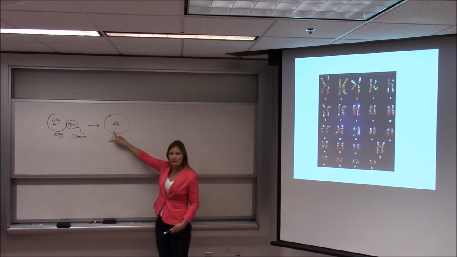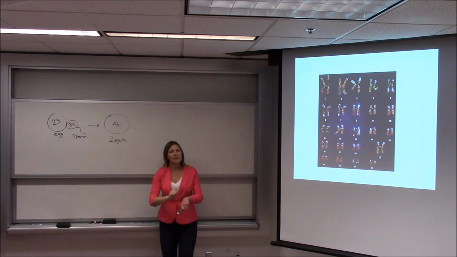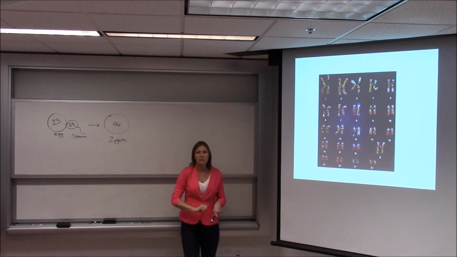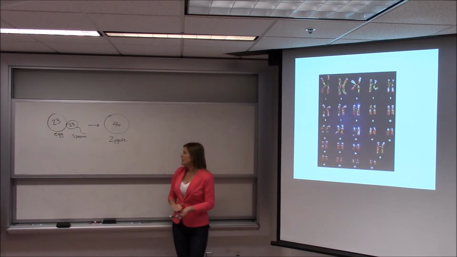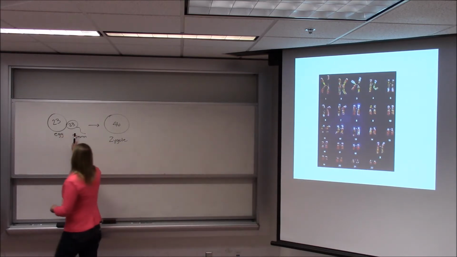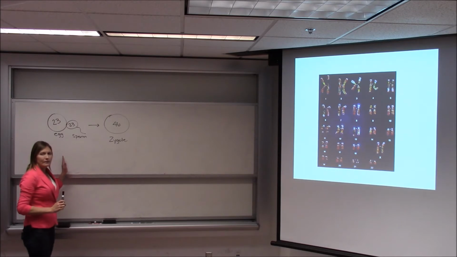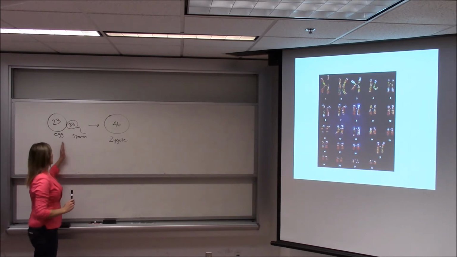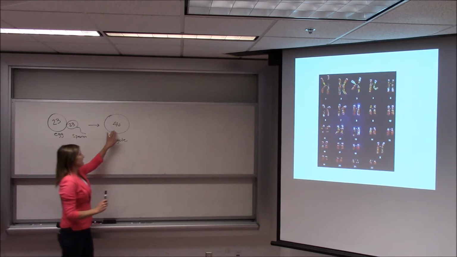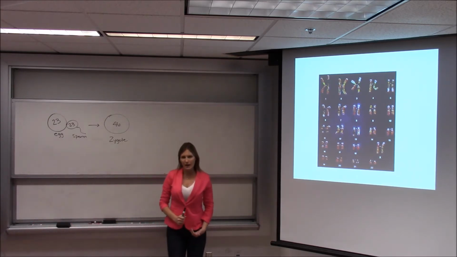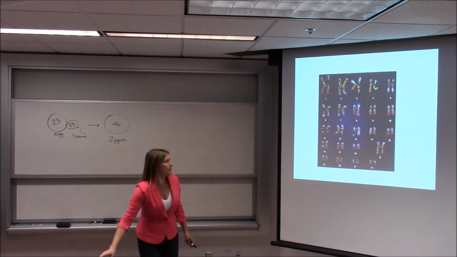This is a big deal. If something happens when your skin cells are dividing, something goes wrong during mitosis, no big deal. It'll be kicked out of the cell cycle at some point, hopefully. But if a mistake happens in meiosis, or if a defective gene is passed on to this egg or sperm, that entire organism is going to inherit that. So this is a very important topic.